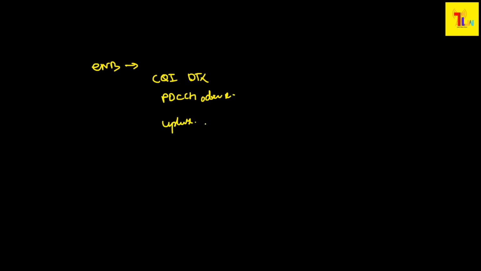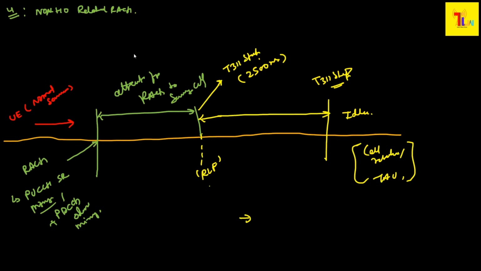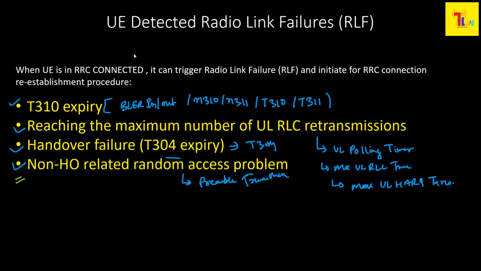These are the scenarios where your eNodeB can also trigger. CQI is one of the important key points, but in this video we are not going to discuss it. I believe you are able to understand these four crucial scenarios.